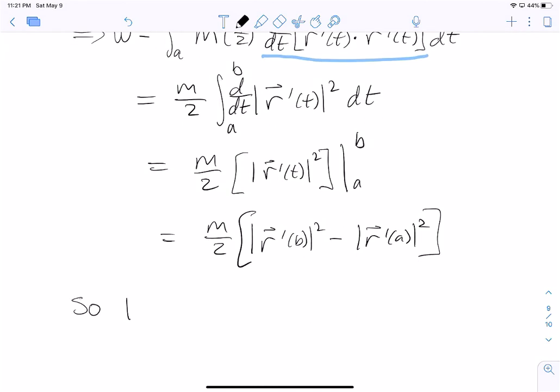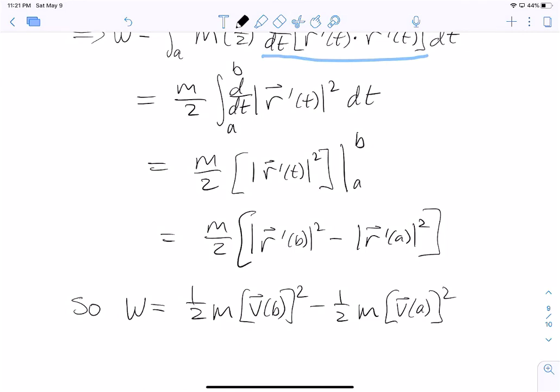The result here is that work has an expression that looks like 1/2 m v of b squared minus 1/2 m v of a squared, rewriting r prime as velocity, v.